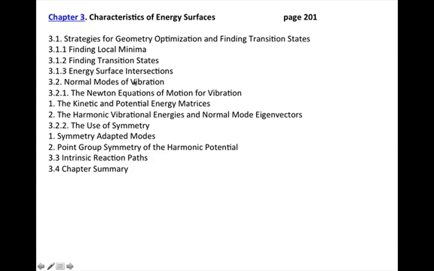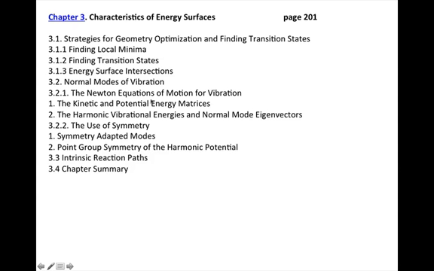Another thing we need to be able to do is, when we find local minima and transition states and characterize the surface locally around these points as a parabola, that is a harmonic potential along the 3n minus 6 or 3n minus 7 degrees of freedom, treat the local harmonic vibrational motion along these internal coordinates at an equilibrium geometry of a reactant, product, intermediate, or even a transition state.